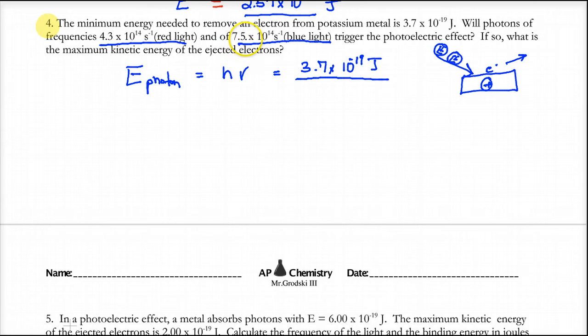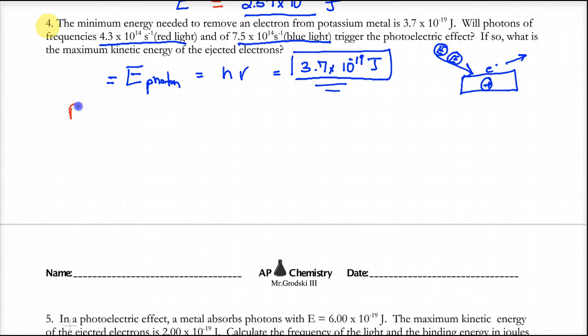So we compare them. The energy needed to remove the electron is 3.7 times 10 to the negative 19 joules. That's the energy needed to remove the electron, sometimes called the threshold energy. Now, they gave me a frequency of red light, so let's do it in red.